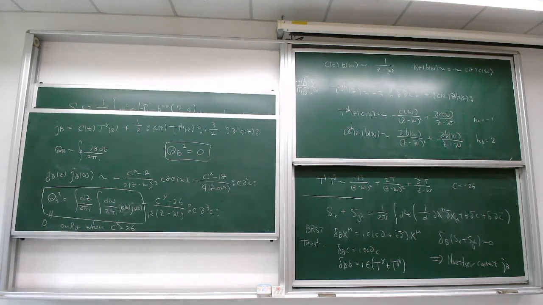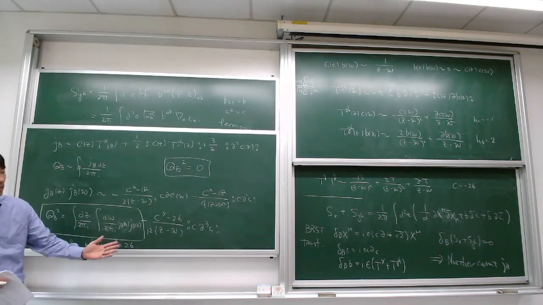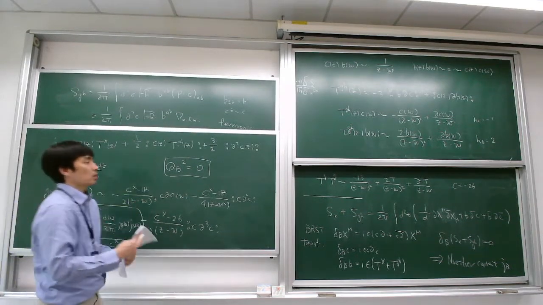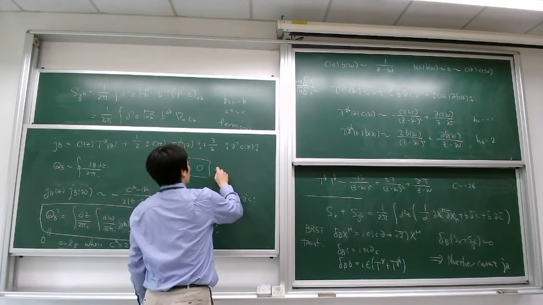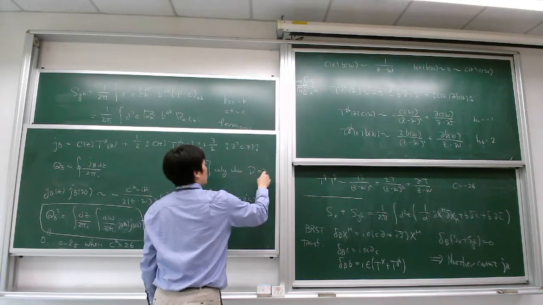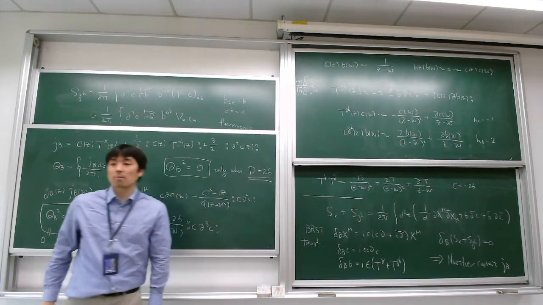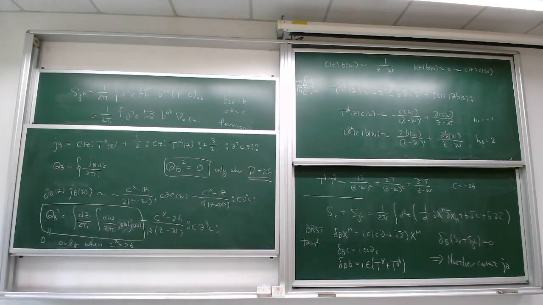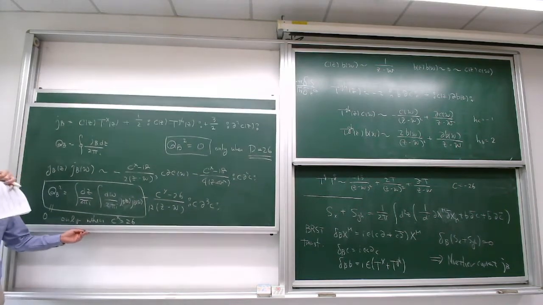Only equal to 0 when 26. So therefore, this BRST symmetry becomes nilpotent only when the target dimension is 26. So there are numerous ways to derive this critical dimension of the bosonic string.